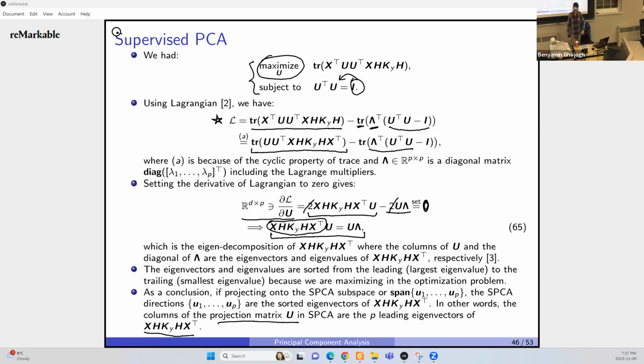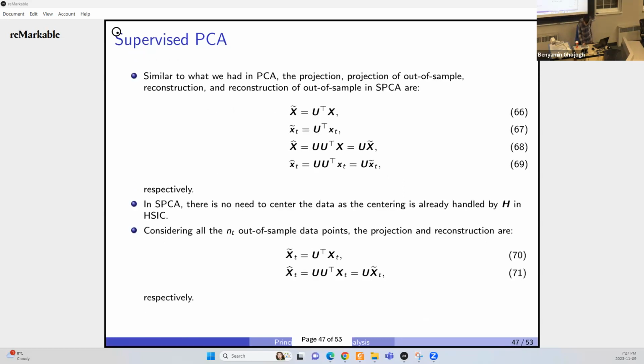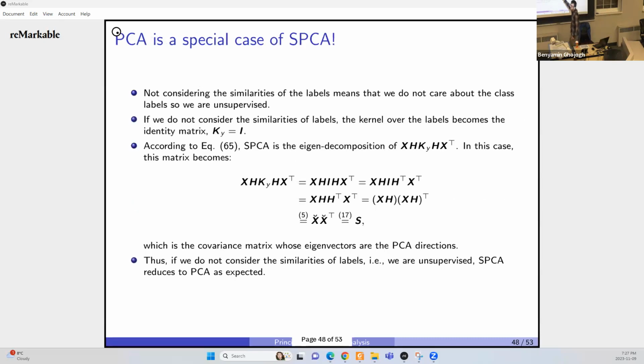This gives us a subspace. So again, as before, we have projection of training data, test data, reconstruction of training data, reconstruction of test data. We can also have projection and reconstruction of test data for a matrix of several test data. Now the beauty is here. Why is it so far it was some new algorithm.